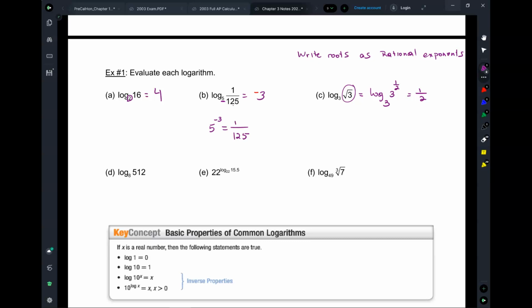Wait, Sophie. How is it 1/2? So the square root of 3 can be written as 3 to the 1/2. Okay? So that's a property of exponents. So if you have, let's make it a different number, 5 to the 1/3, is that the cube root of 5?